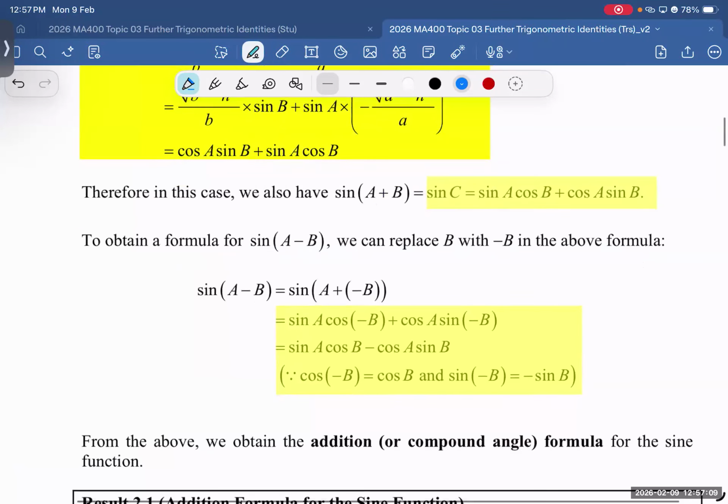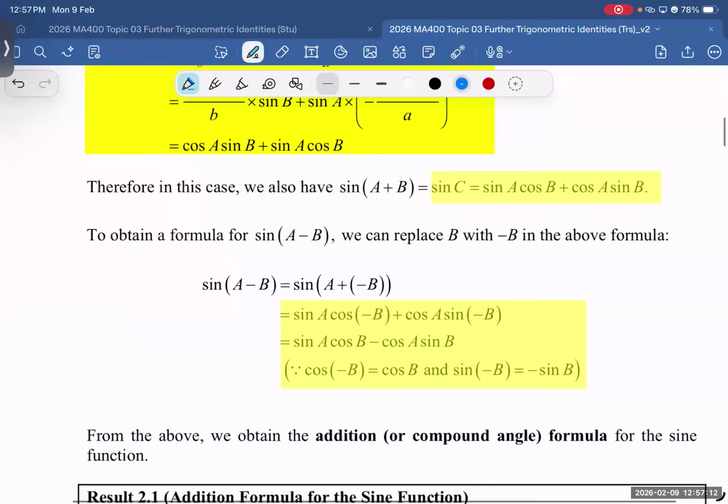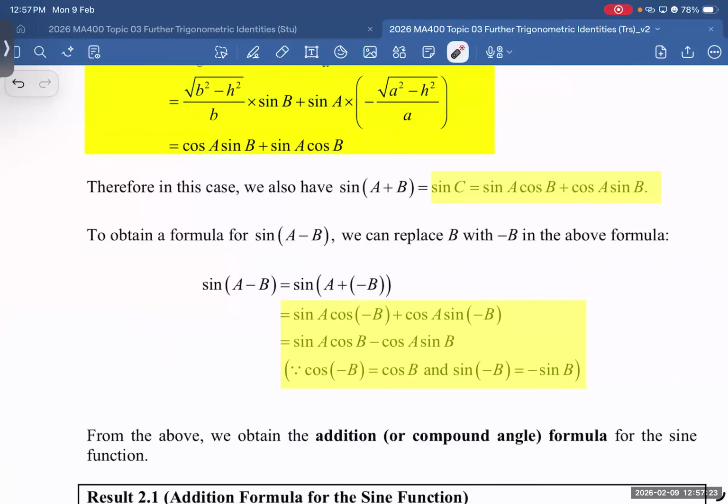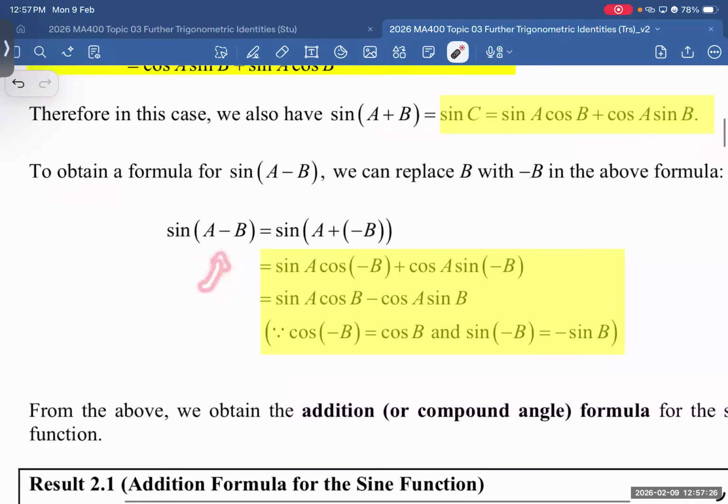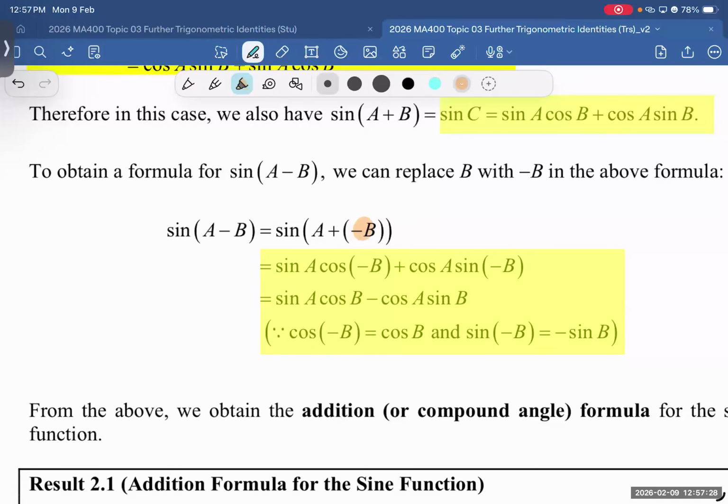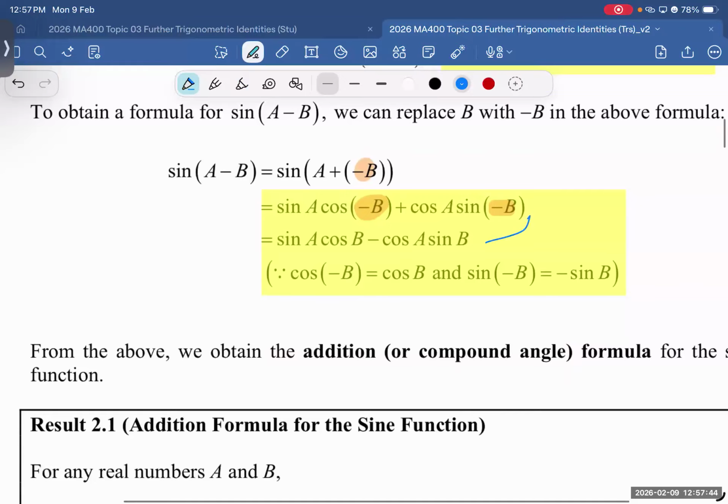Look here, Joshua. Okay. So now sin A minus B, right? If I want to deduce the formula for sin A minus B, we know that we can see it as sin A plus negative B. So that is sin A cos negative B plus cos A sin negative B. Then we also know that sin negative B is the same as negative sin B. Correct?